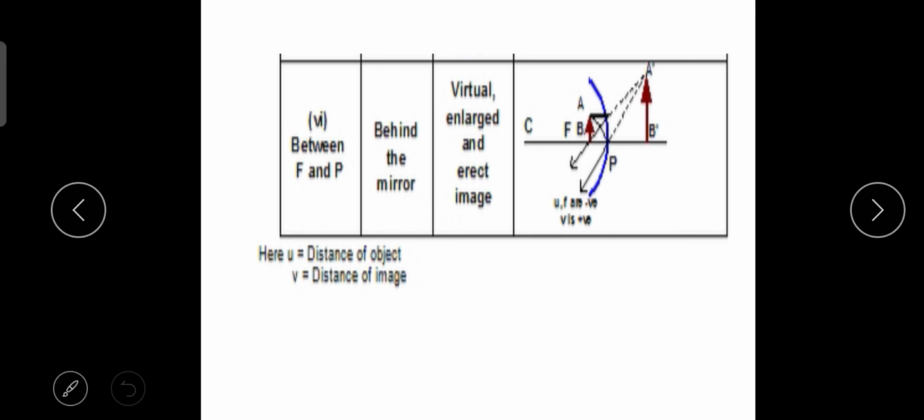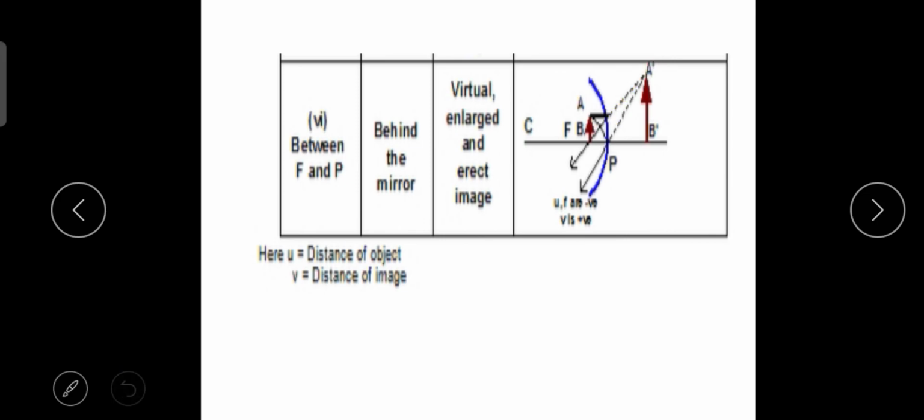The intersection will take place by extending the reflected rays like this. Here. So the intersection is taking place inside the mirror. That means there is a formation of image inside the mirror. You can see that. So what happens?